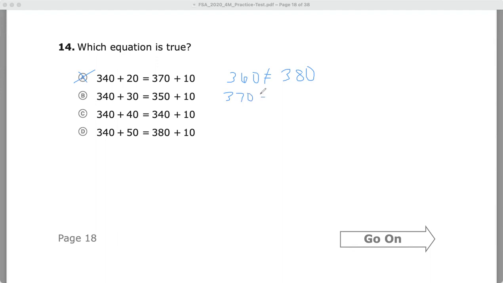Does that equal 350 plus 10? 50 plus 10 is 60. So this one is also not true. 340 plus 40 is 380. 340 plus 10 is 350. So this one is also not true. So that means D has to be the answer.